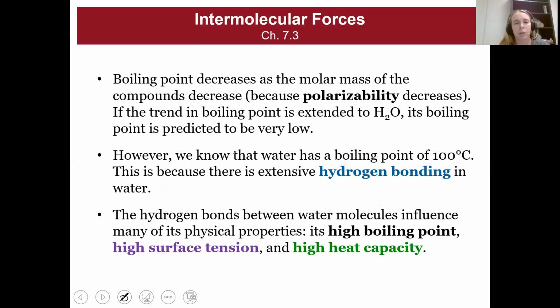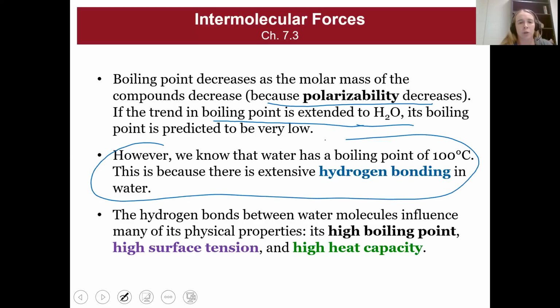If the trend in boiling points based on polarizability is extended to H2O, so decreasing molar mass as we go backwards on that graph, then boiling point is expected to decrease and be low because of polarizability. But we know that water has a boiling point of 100 degrees Celsius because of the extensive hydrogen bonding in water.